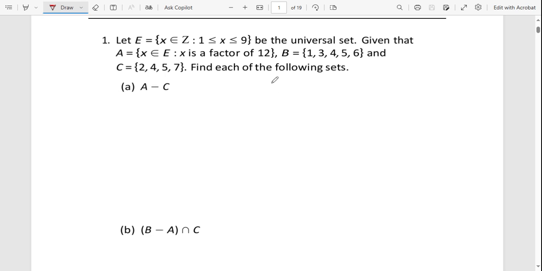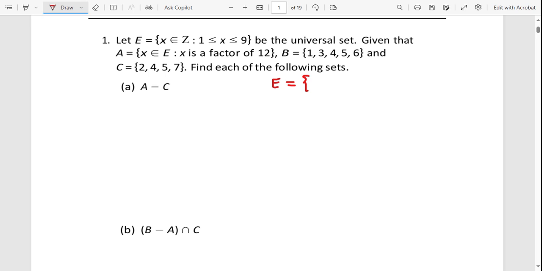So the set E, which is the universal set, is a set of integers between 1 and 9. Now, integers are basically counting numbers, but not really only counting numbers. I'll talk about the different types of numbers a bit later on. Integers are all numbers, positive to negative, used for counting: 1, 2, 3, 4, 5, 6.